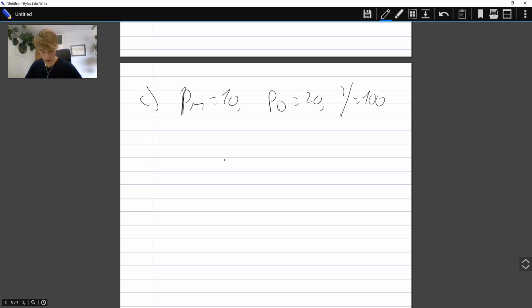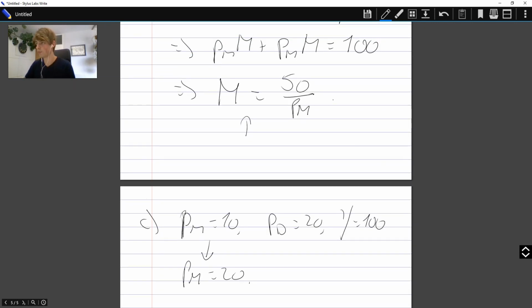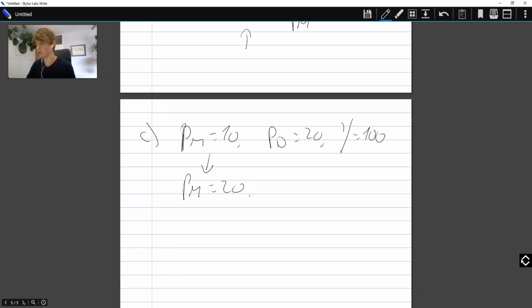But now suppose that the price of movie tickets doubles. So this changes into this. Determine how this price increase affects demand for movie tickets. Well, we have just derived the demand function, so why not use it?